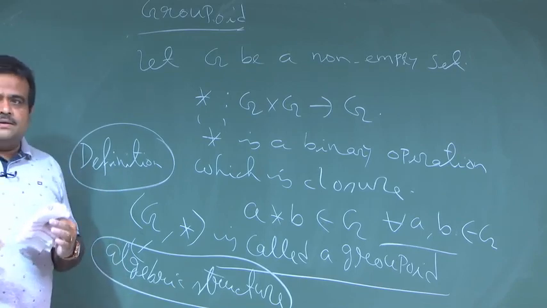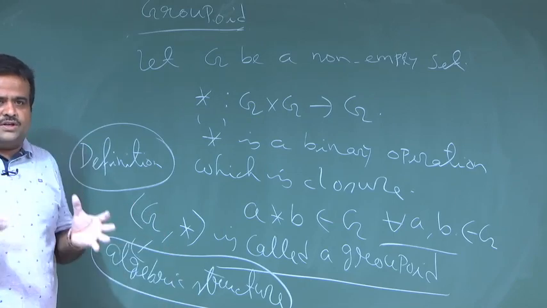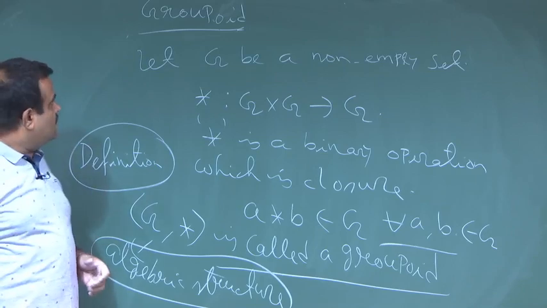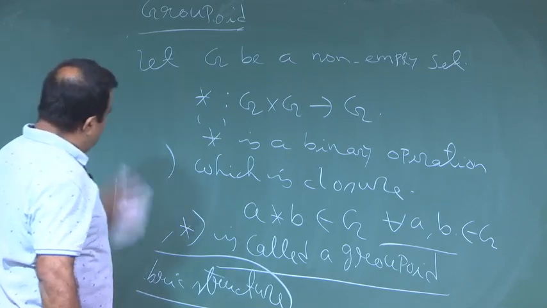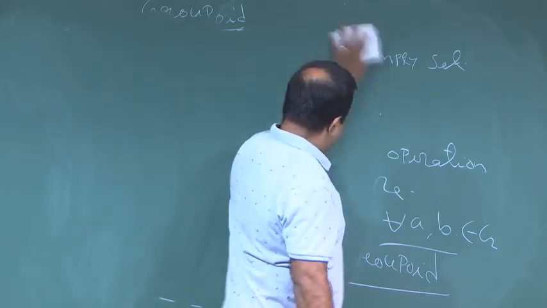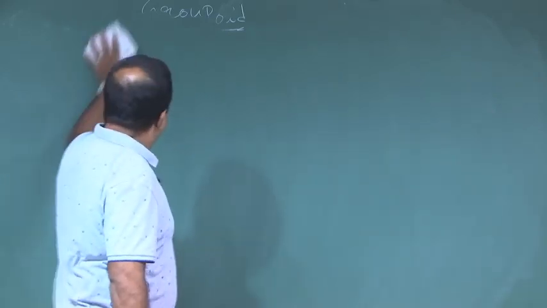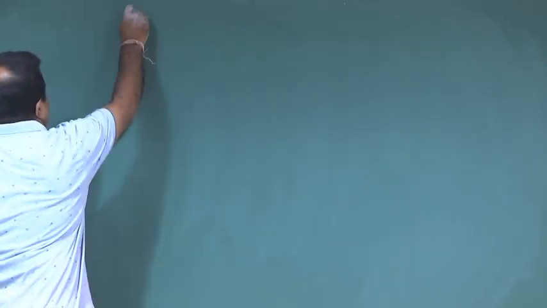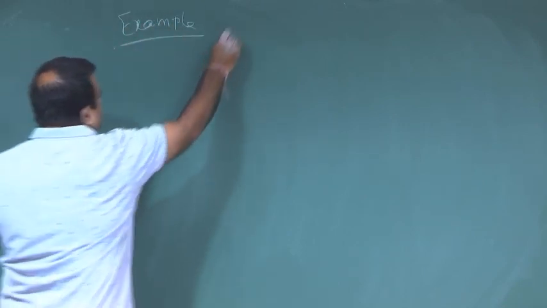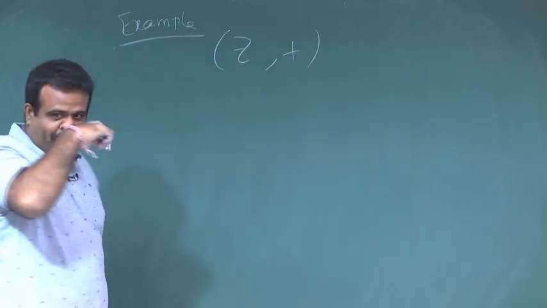So, we know the set. Now, set along with this operator together we call a groupoid. Now, let us take some examples of groupoid. Z plus is a groupoid.